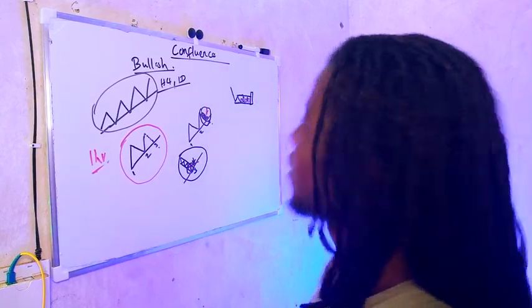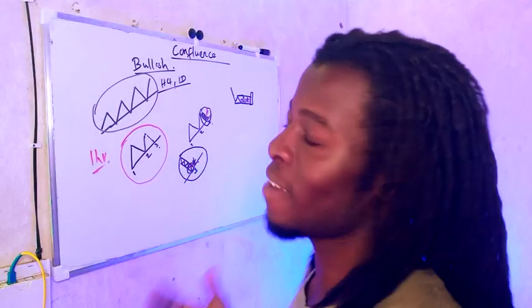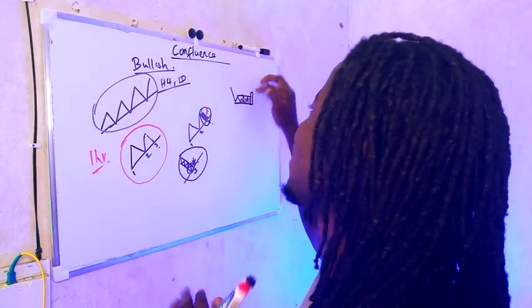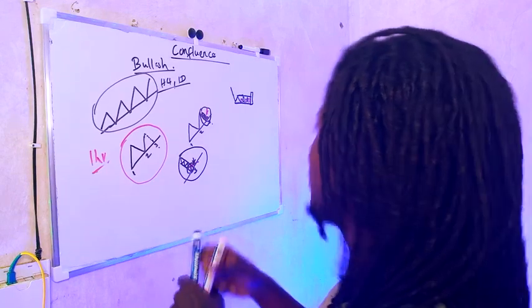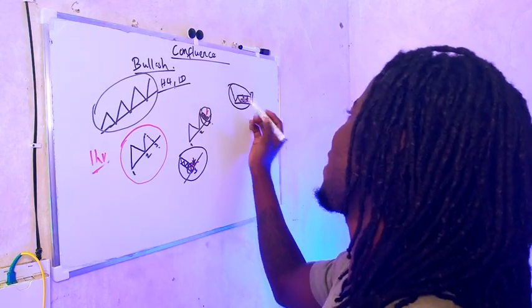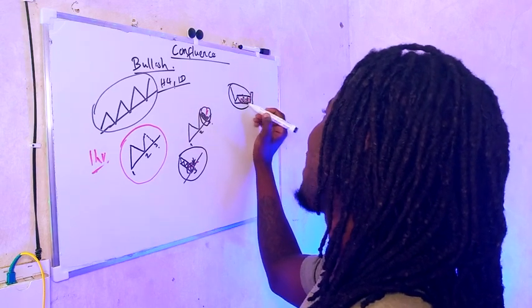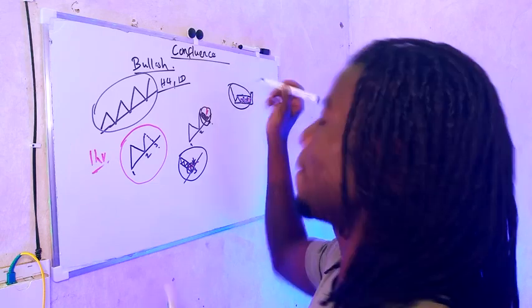What do you do from that? Usually I prefer this candlestick to close at the 1 hour. Remember, this is the 15 minutes that I've magnified, but for this resistance over here, I prefer a 1 hour candlestick to close above it. Why?